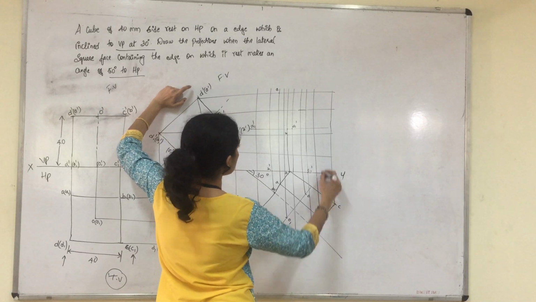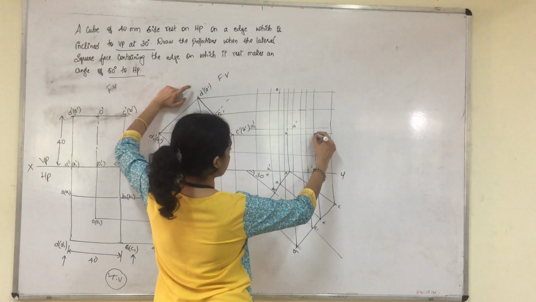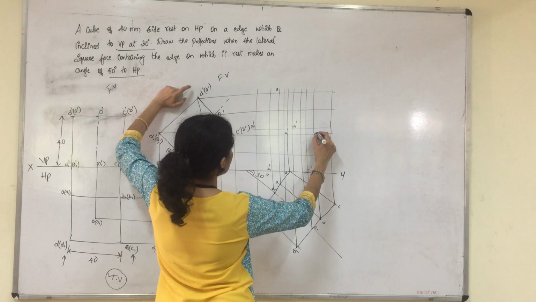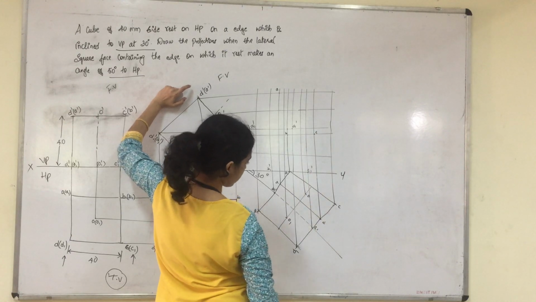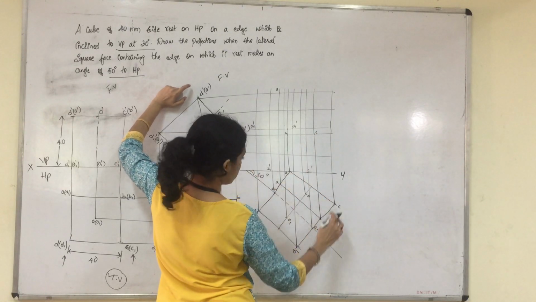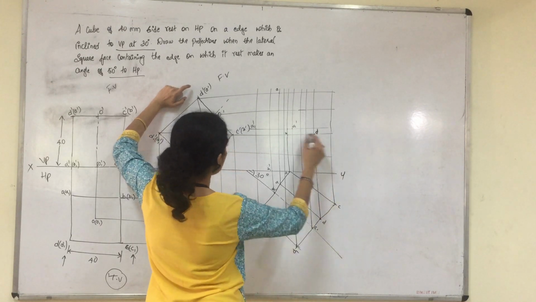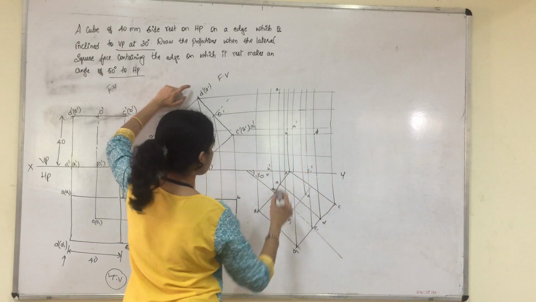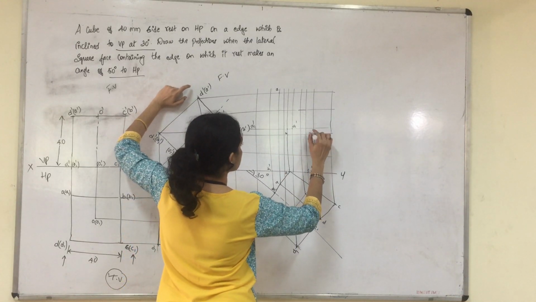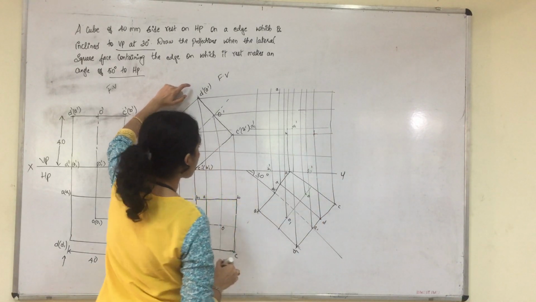And locus of C is meeting C dash at this point. So this is our C. Sorry, this is our D. Locus of D is meeting D dash. Sorry.